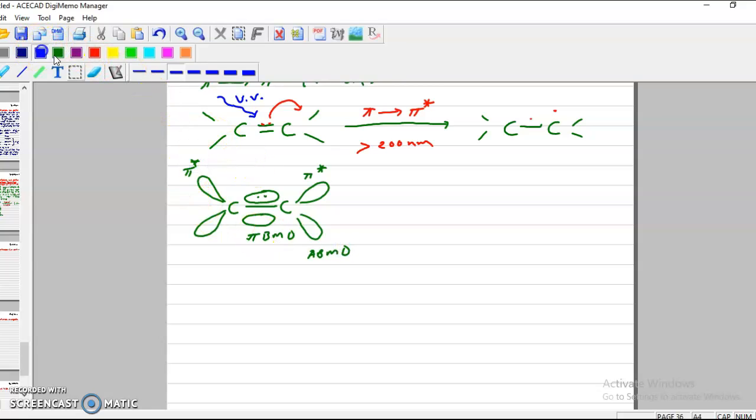When electrons absorb ultraviolet radiation, one of these electrons transfers to the pi star orbital.